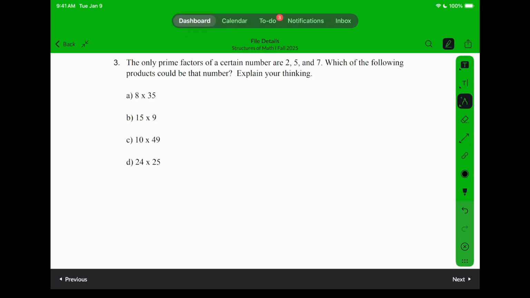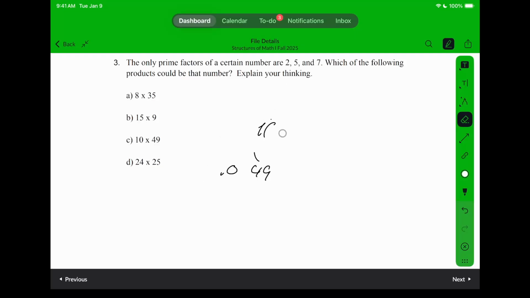What we can do is find the prime factors of each of these factors. Because we already know this random number is going to have 8 and 35 as factors, so we already know it's not a prime number. It's like 10 and 49, for example, 490. How are you going to factor tree that?